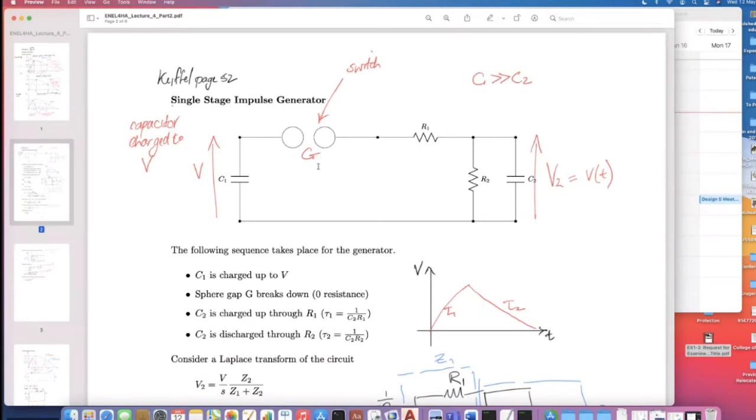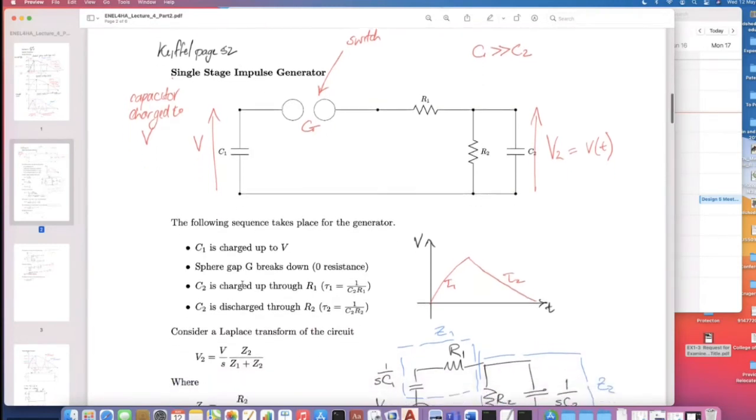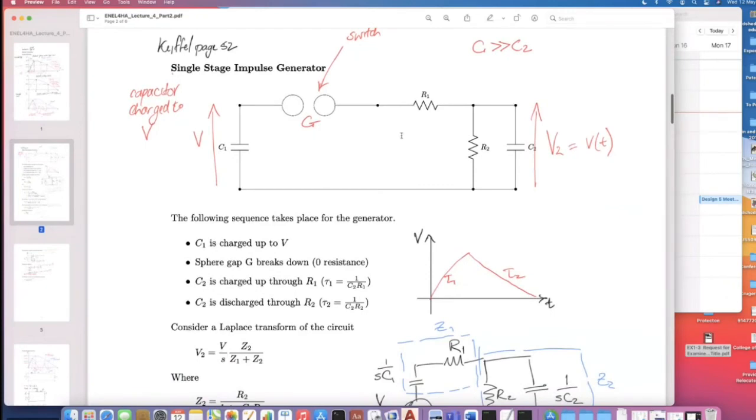As soon as that switches, it switches in the second part of the circuit. So all the charge that is stored here will now move into the rest of the circuit. Right, so the first thing is the charge will flow through R1 into C2.